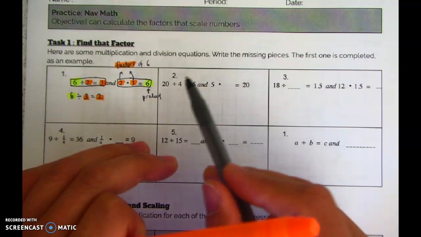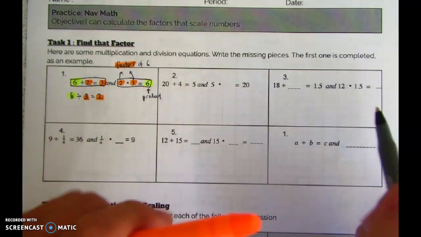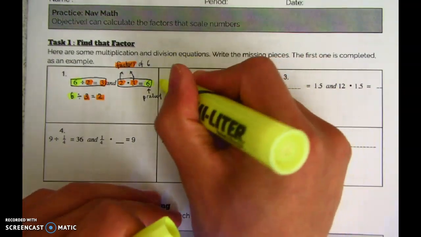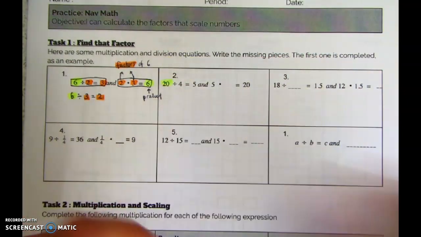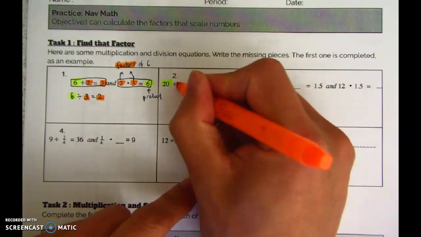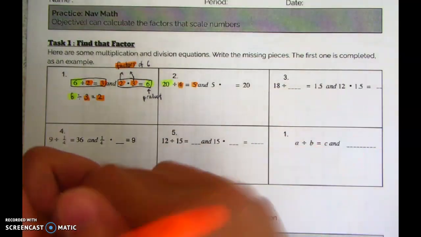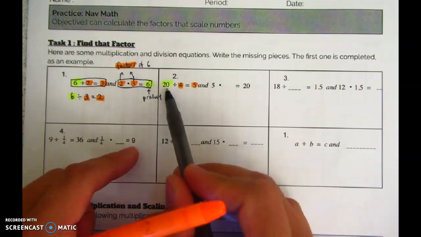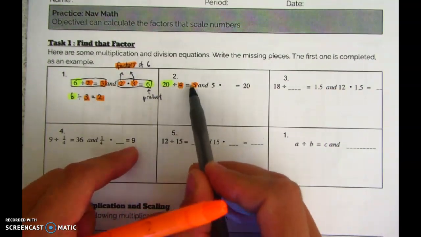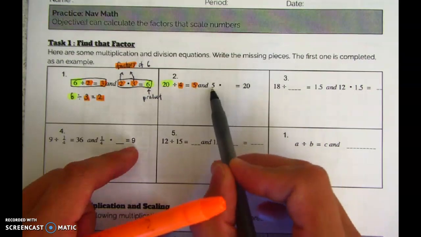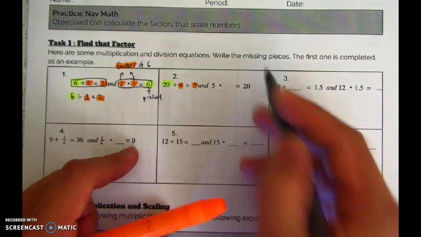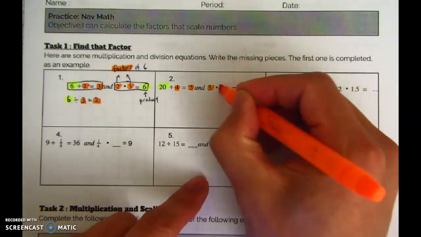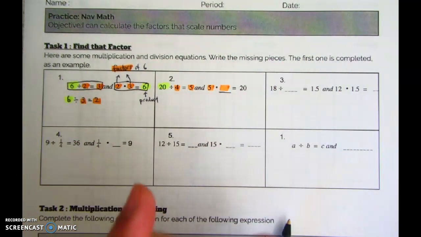So number 2 is the one that isn't given to us, but since we're given 20, we know that if it's a division, this is the product divided by one of my factors. So I know that 4 and 5 are the factors of 20, because 20 divided by one of my factors gives me the other one. So now if I know 5 times something gives me 20, then I know it's 5 times whatever this other factor is equals 20.